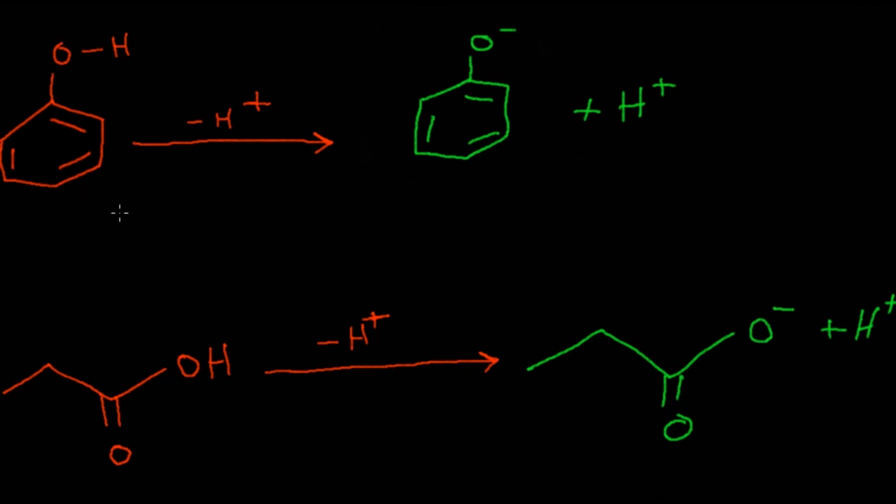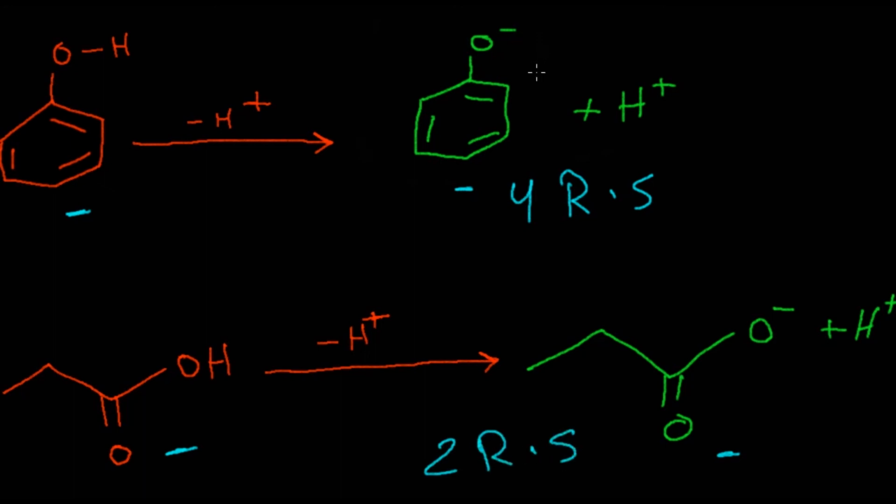A final comparison here between a phenol and a carboxylic acid. When they deprotonate, they give the corresponding conjugate bases. We know that this phenol has four resonating structures, and this carboxylic acid has two resonating structures.